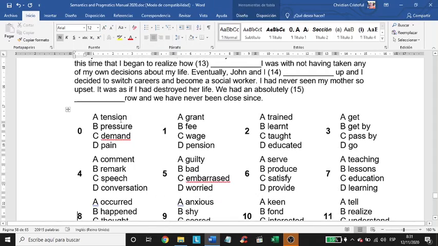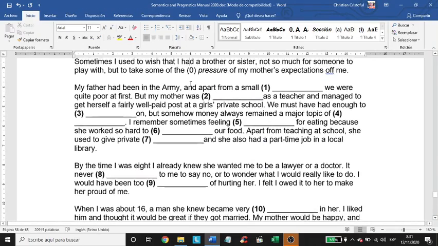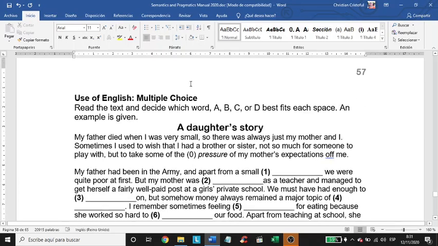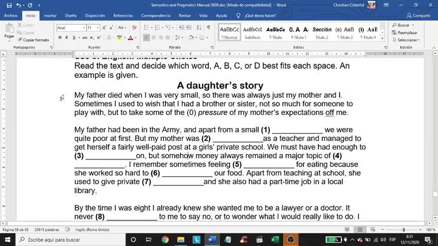The first one: tension, pressure, demand, and pain. They are synonyms. They are very similar meanings, but here is where they test if we know how English speakers use their language. "My father died when I was very small." Wow, very tragic story, by the way. "So there was always just my mother and I. Sometimes I used to wish that I had a brother or sister, not so much for someone to play with, but to take some of the pressure of my mother's expectations of me."